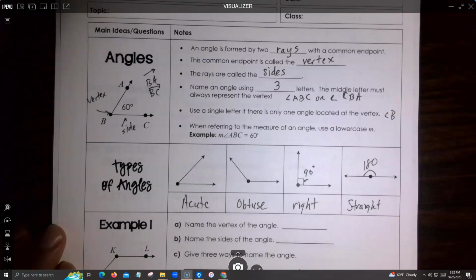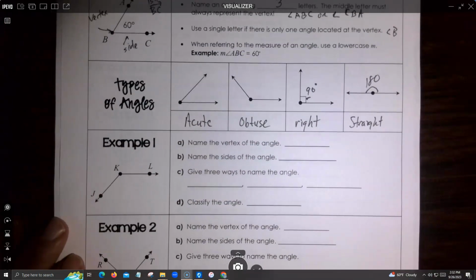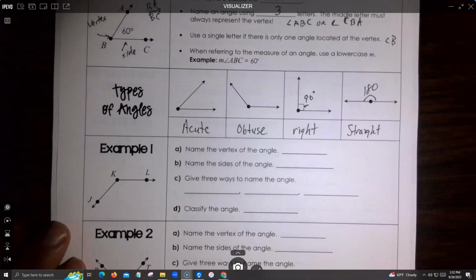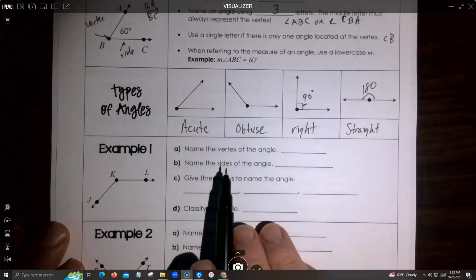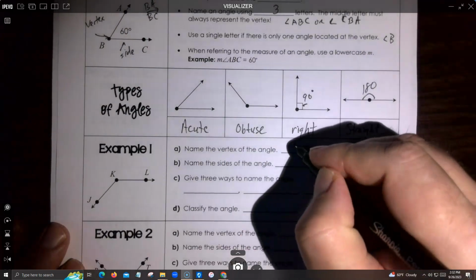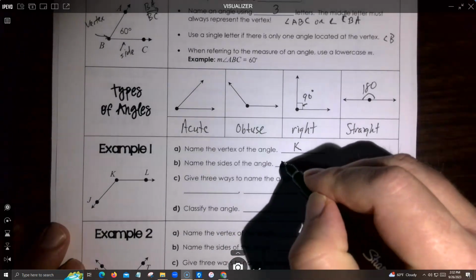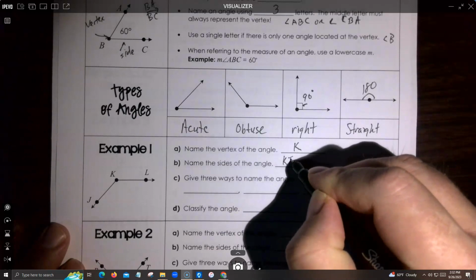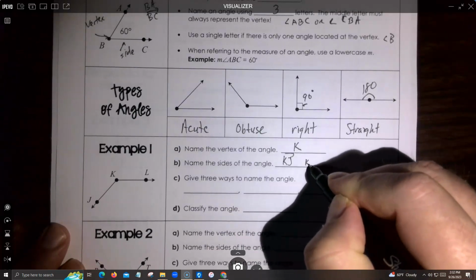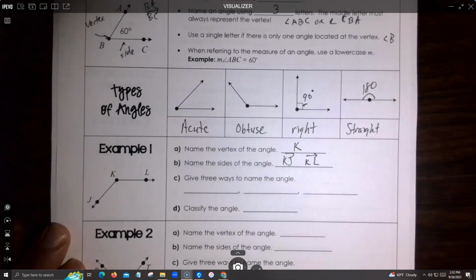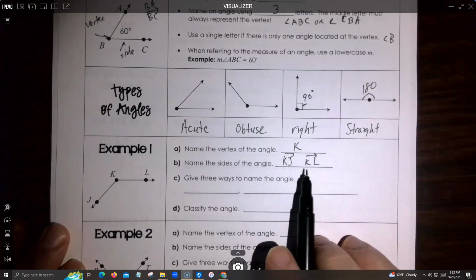Okay, so here's our first example. Name the vertex of this angle, and again, a vertex is a point. So this would be point K. Name the sides of the angle. We would say KJ and KL. Again, the vertex of my angle is always going to be the starting letter on my rays.